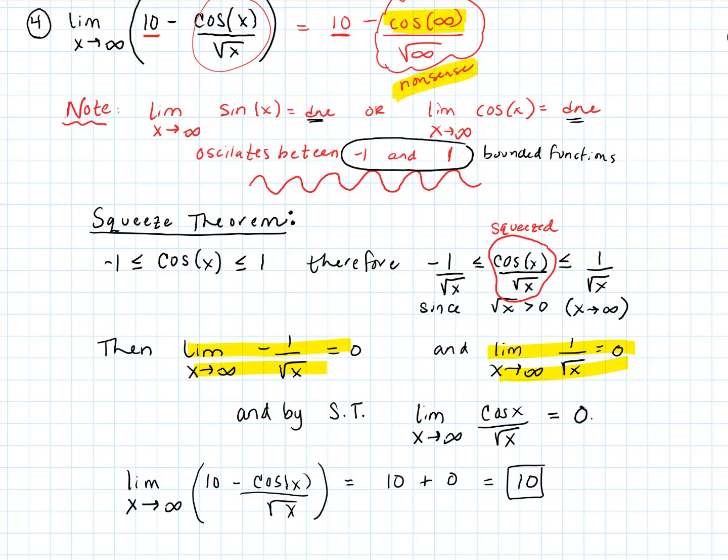We did have that constant in there. We don't want to forget about that constant. Now the 0 had to be justified in the step above. So that came from the squeeze theorem.